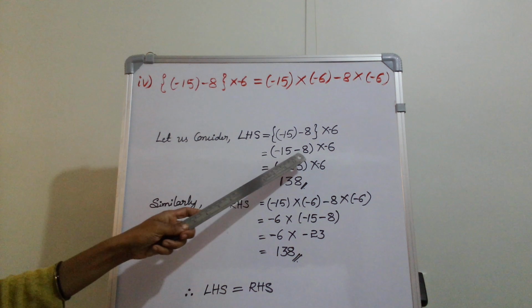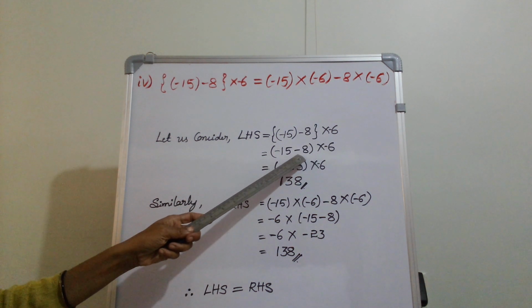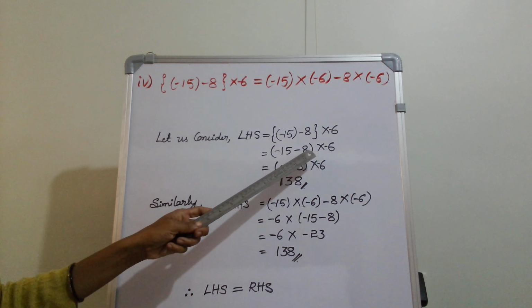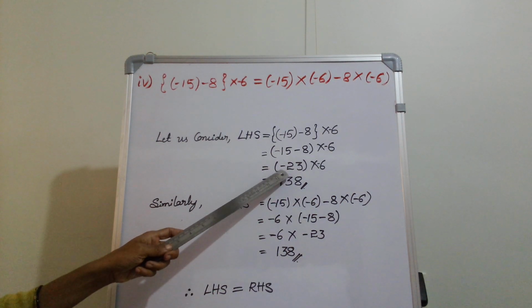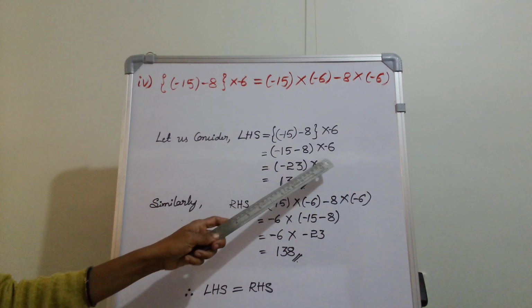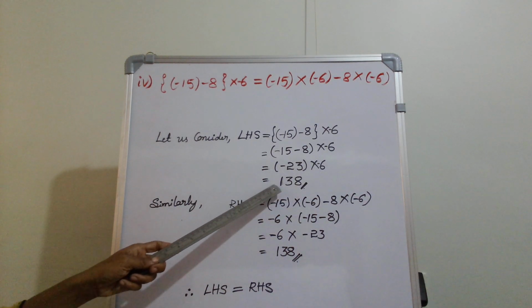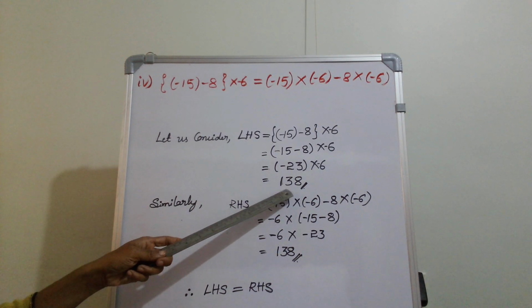So minus 15 minus 8. If we add 15 and 8 it will be 23. The sign will be minus, into minus 6. So minus into minus is plus. So 23 into 6 is 138.